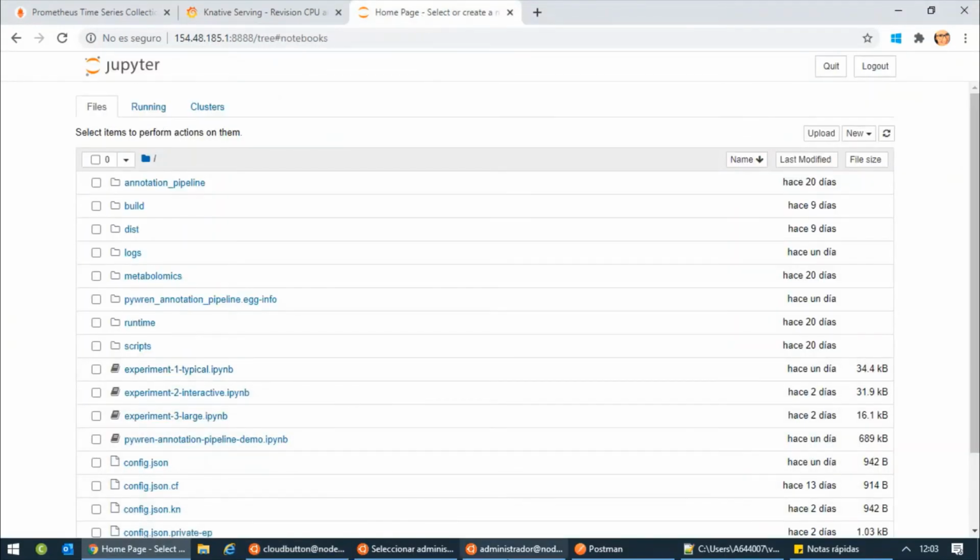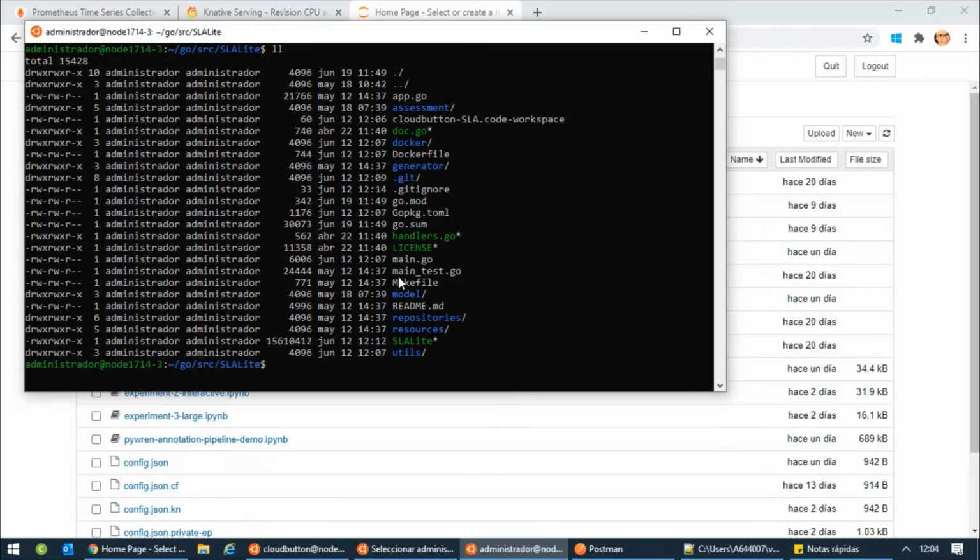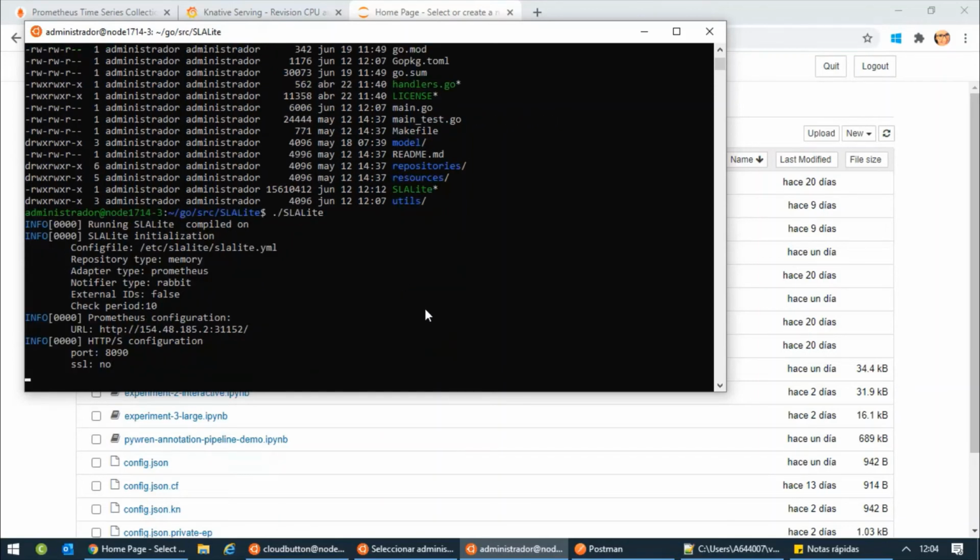First, let's start our SLA. The adapter that is used is Prometheus, as we said, and all the violations will be notified on a rabbit queue. So far, there is no agreement in place in the SLA.